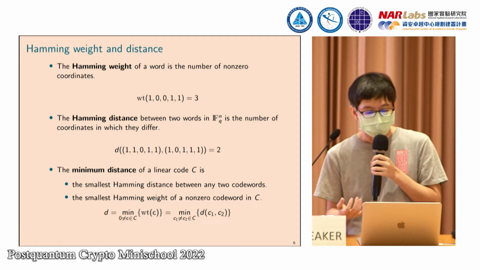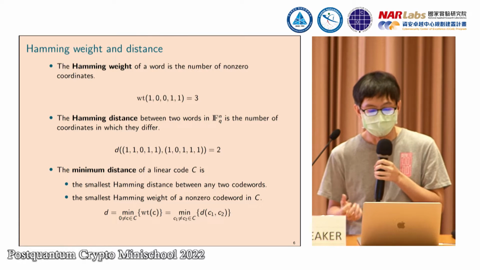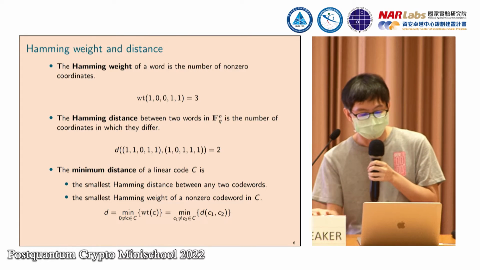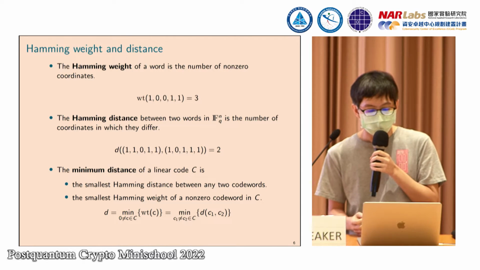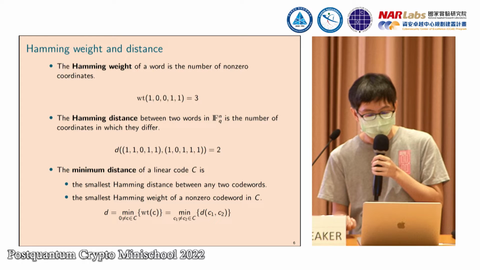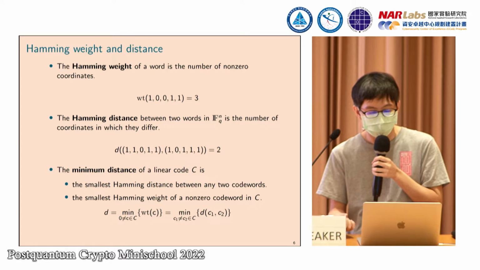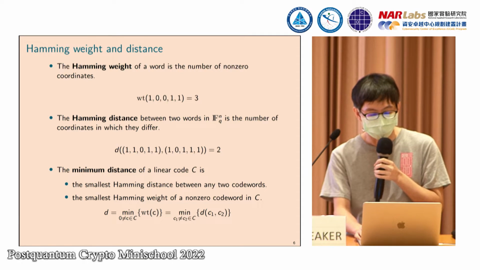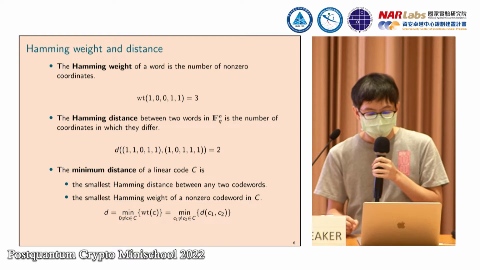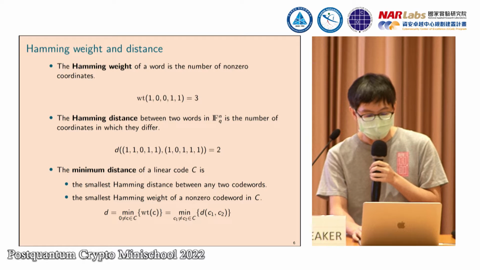And equivalently, because the difference of any 2 codewords is also a codeword, since we are working on linear codes, you can consider that the minimum distance is also just the smallest Hamming weight of a non-zero codeword in this code. Please try to remember the concept of minimum distance. We'll get back to it later.